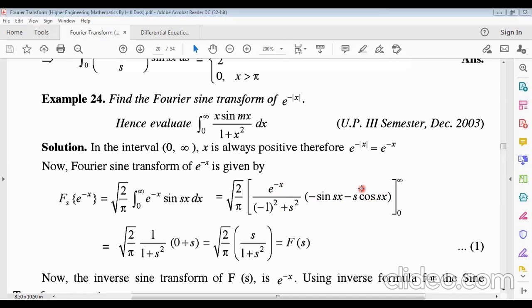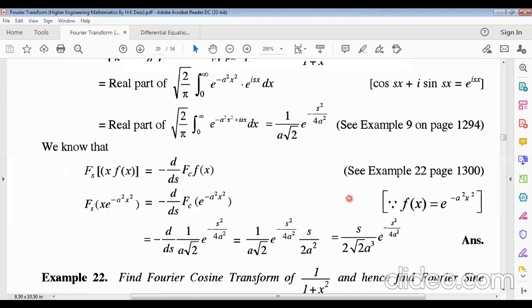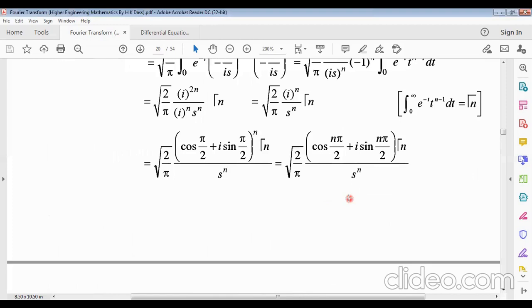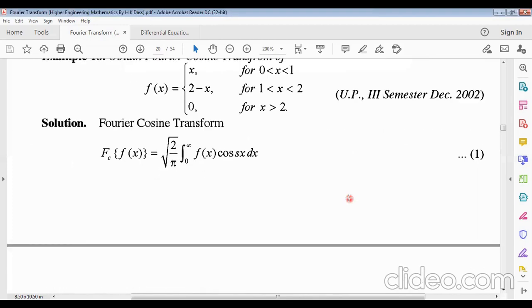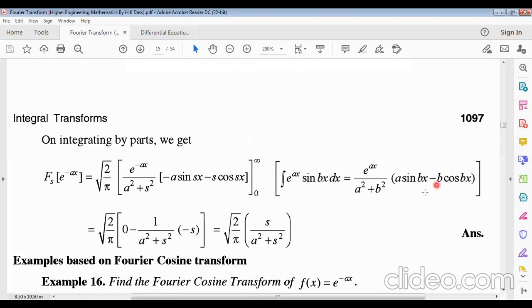Just using the first integration by parts formula, e to the power ax sin bx equals e to the power ax divided by a square plus b square, times a sin bx minus b cos bx. This is the first integral formula, that means the integration by parts formula.